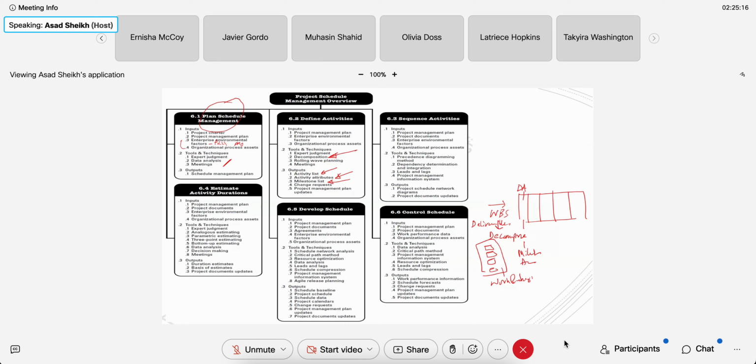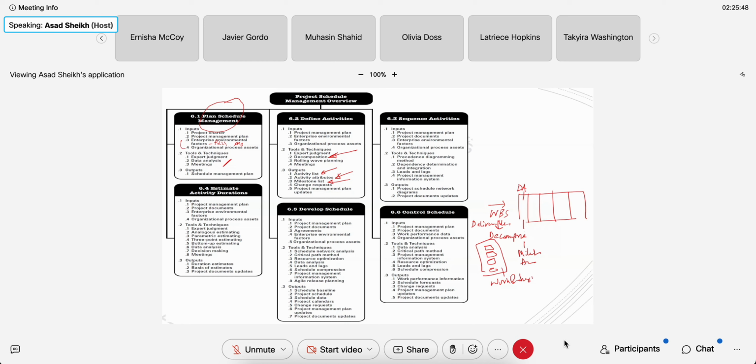You're sitting with a team, you're telling them, okay, we're going to design this solution, but before we design the solution or design this house, tell me the requirements and let's decompose the requirements by looking at the scope statement. And then once we have the requirements, scope statement, WBS, that's the sequence we're going to go with. Requirements, scope statement, WBS. So we got WBS, we break it down into activity list and milestone list.